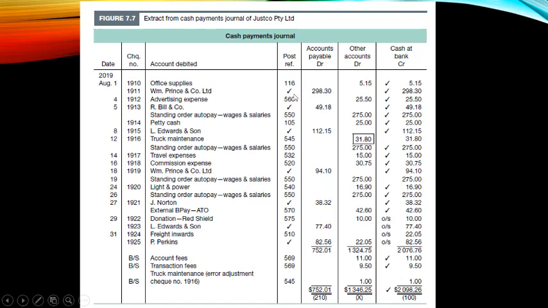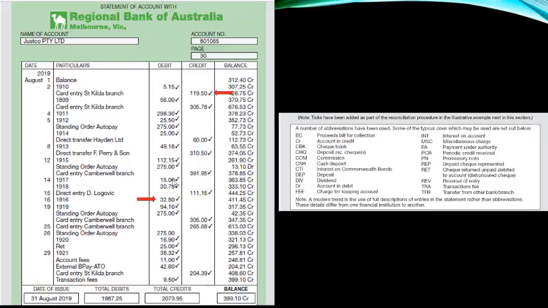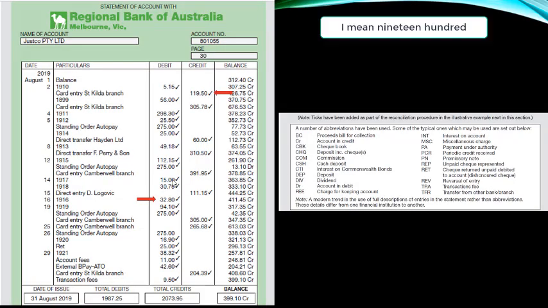Now we'll go on to the cash payment journal. In the cash payment journal, you will look into the check numbers. When we cross-check the check numbers 119 to 124, let's go back to the bank statement. In the bank statement, you will see check number 119, the previous one, 1899, 111, 12, 13, 14, 15, 17, 18, 16 is there, 19, 20, 21.